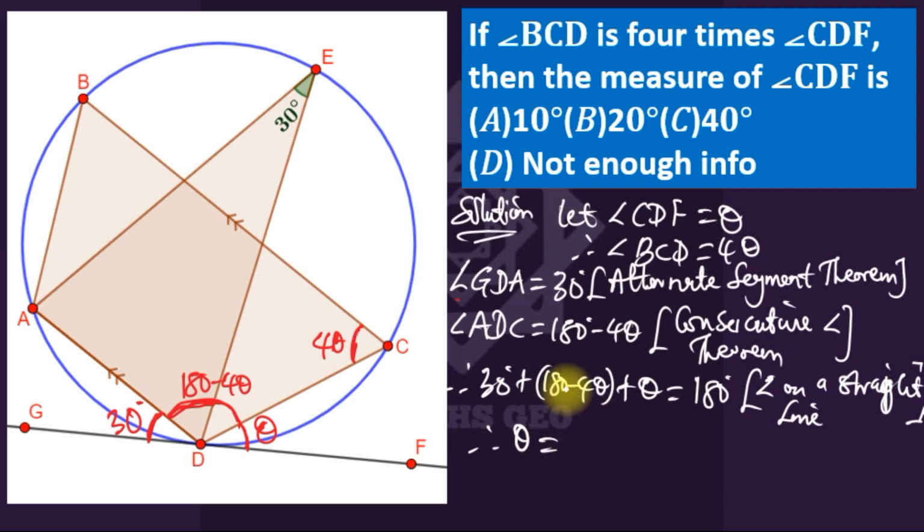Therefore, the minus 3 theta goes there, so theta is 10 degrees. That's 30 over 3. So our answer is option A. A very tricky question, but simple.